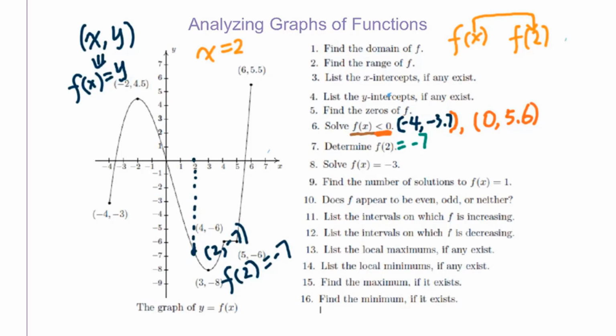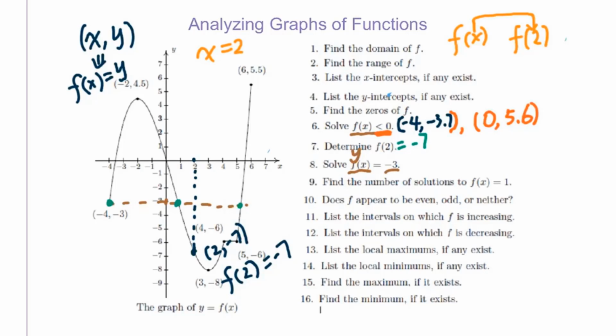For number 8, f(x) equals -3. f(x) means y, so on the y-axis, we need to find -3. Then draw a horizontal line. It intersects the graph 3 times: 1, 2, 3.